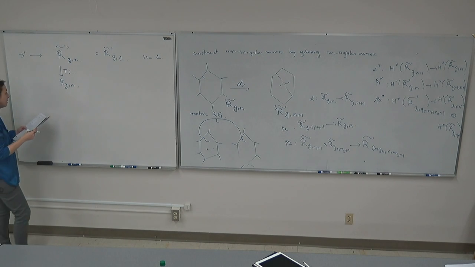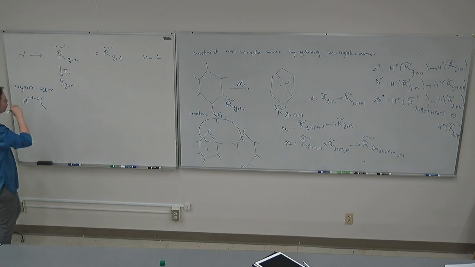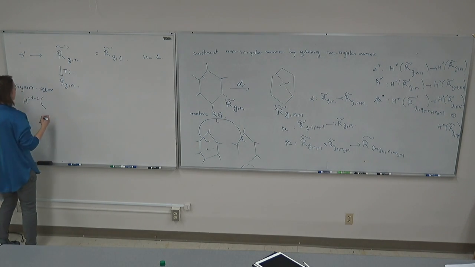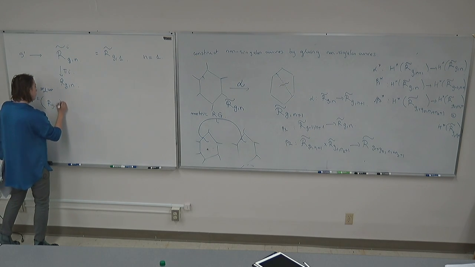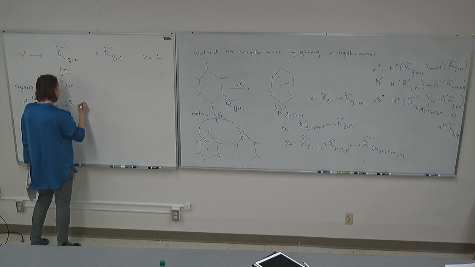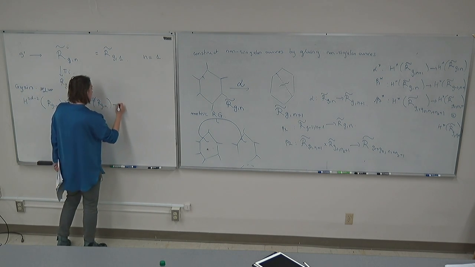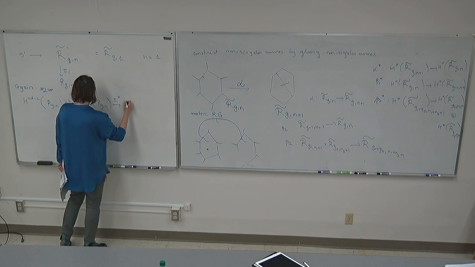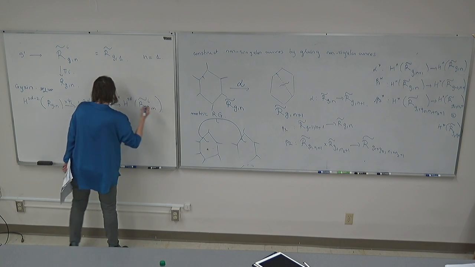There is the Gysin sequence that gives a long exact sequence between cohomologies. So I have the first Chern class psi_i. So I have H^{2d-2} of R_{g,n}, multiplication by psi_i goes to H^{2d} of R_{g,n}. Here if I take the pullback, I get to H^{2d} of R tilde_{g,n}.